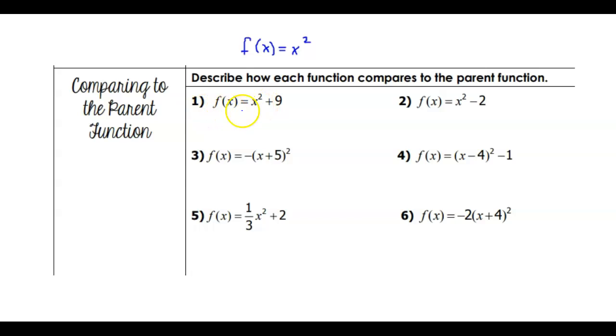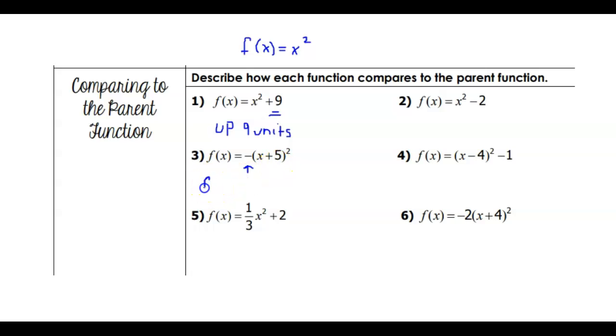So for number 1, what would the transformation be? Well, I'm only adding k to the function, so this should only shift the parent graph up 9 units. Number 3, I have 2 things happening. I have a reflection across the x-axis, and then I have an h value, so that's going to shift the function to the left.